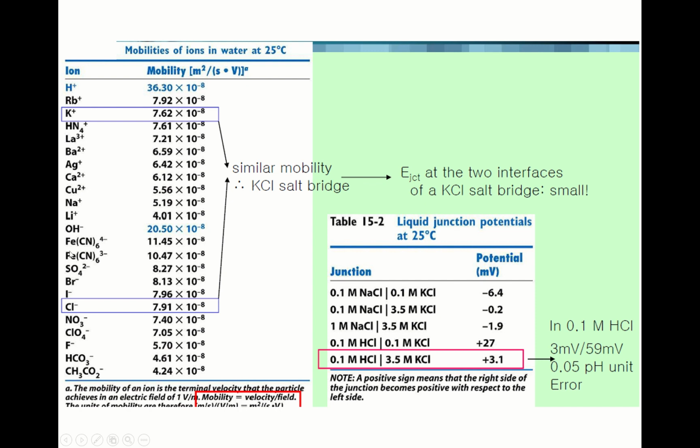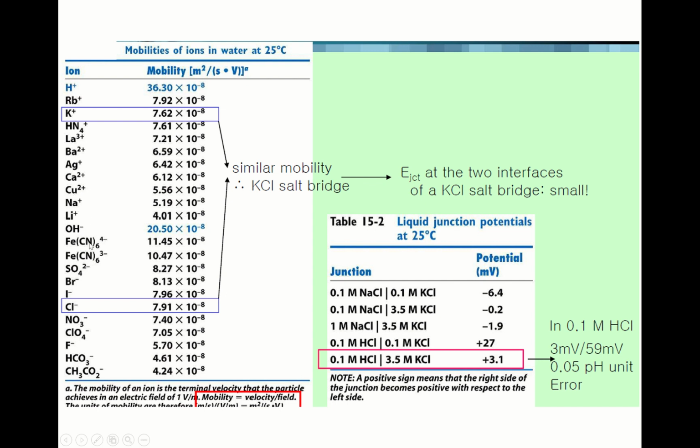And for the small anions, mobility is faster. The hydroxide anion mobility is this one, smaller than the proton ion, because the hydroxide ion is larger than potassium ion.